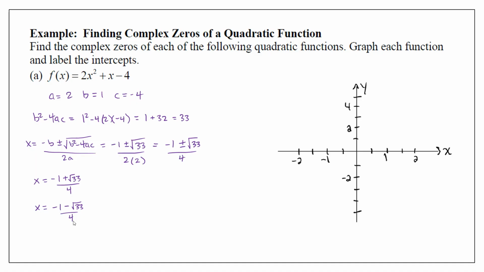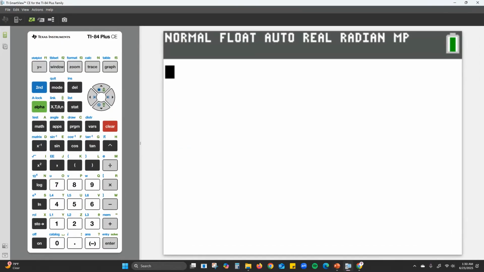So let's do that. In our calculator, we are going to create a fraction. So I'm going to go alpha and then the x here, and I'm going to press negative 1 plus the square root of 33 divided by 4.